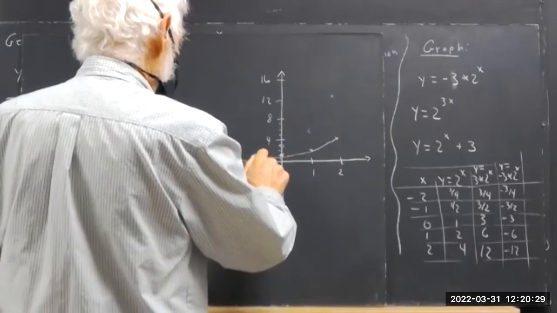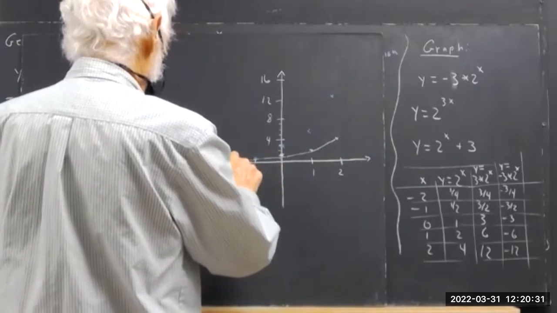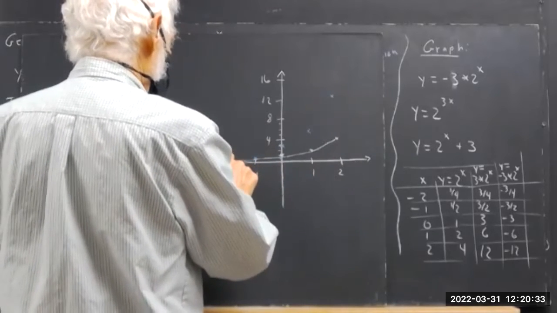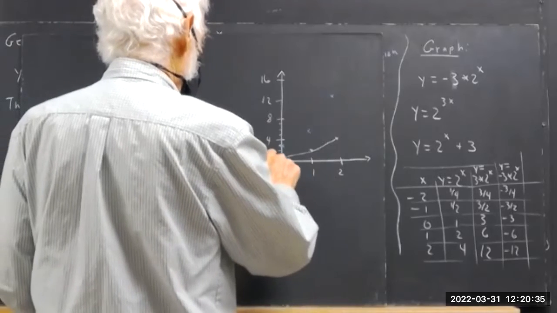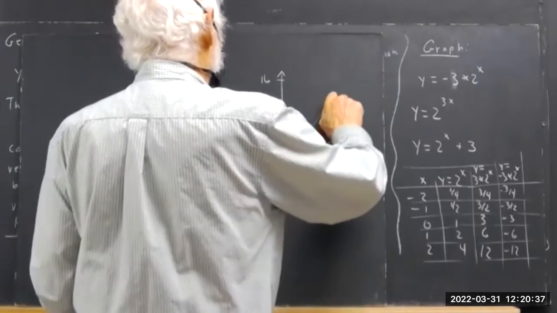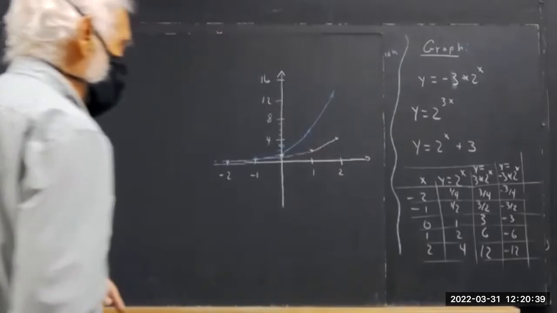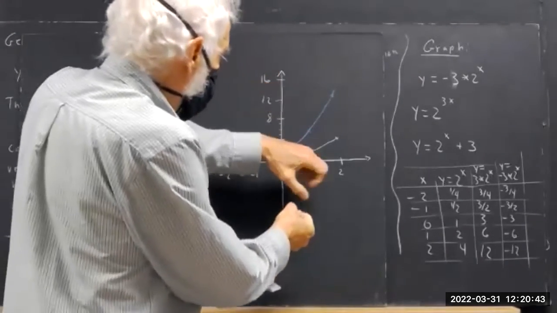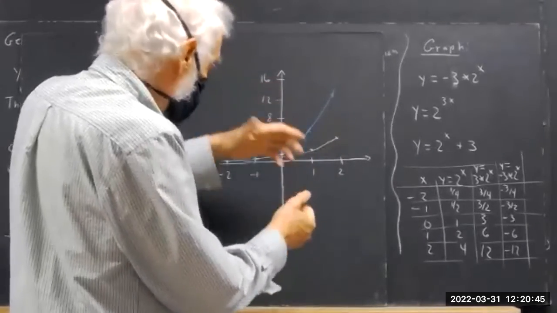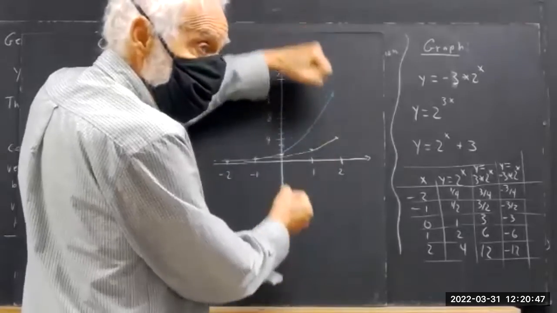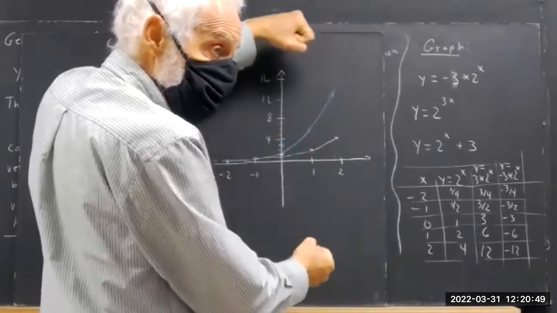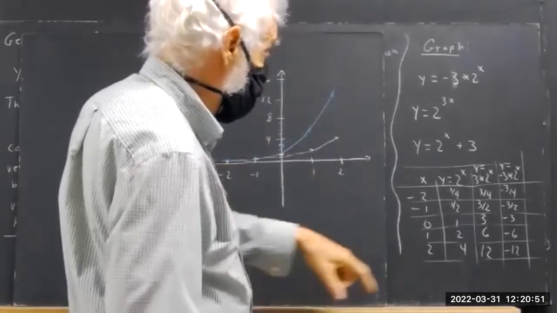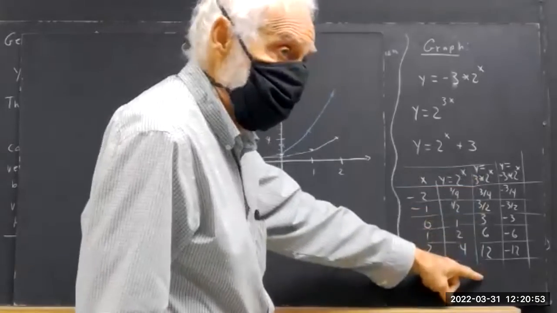So these points, they kind of close to the axis. Not drawing them exactly because it's a little tough to do that by hand with a piece of chalk. So we can pretty well see that we've taken this x squared or 2 to the x graph and stretched it by a factor of 3. Stretch everything 3 times as far from the x-axis because all these y values are 3 times as big.